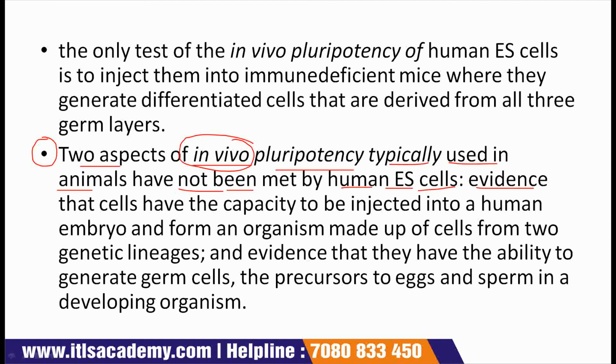Evidence that cells have the capacity to be injected into a human embryo and form an organism made up of cells from two genetic lineages, and evidence that they have the ability to generate germ cells, the precursors to eggs and sperm in a developing organism.